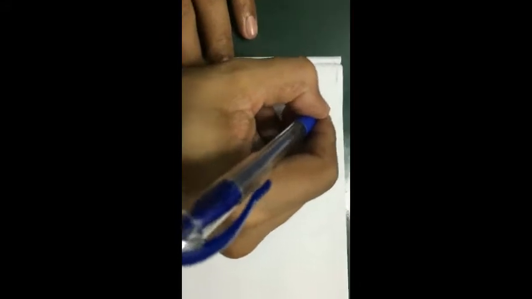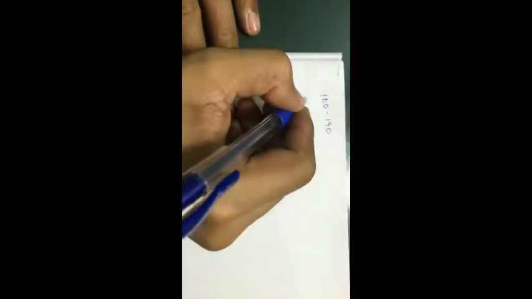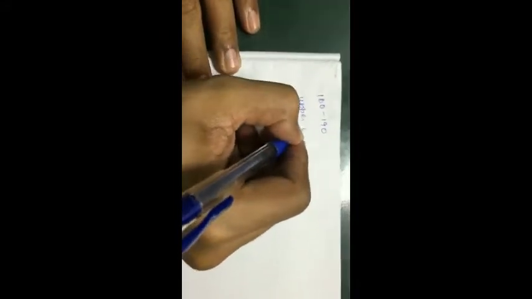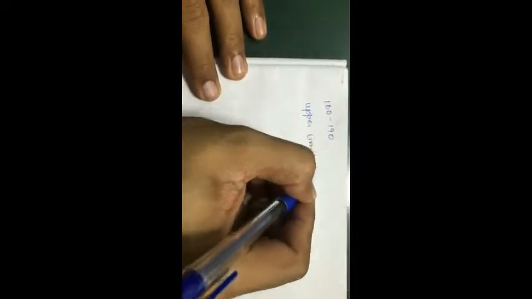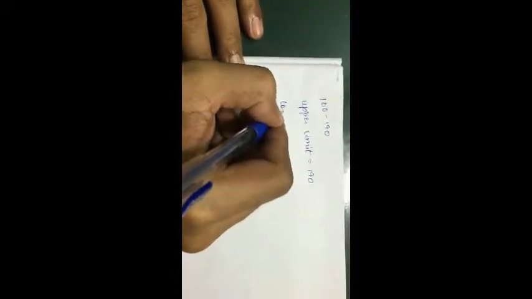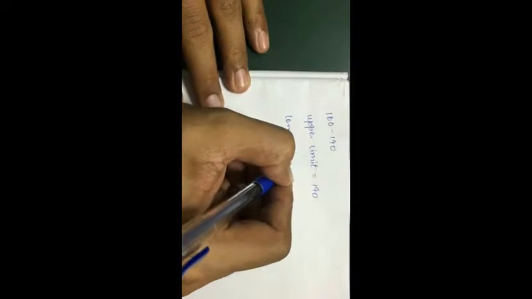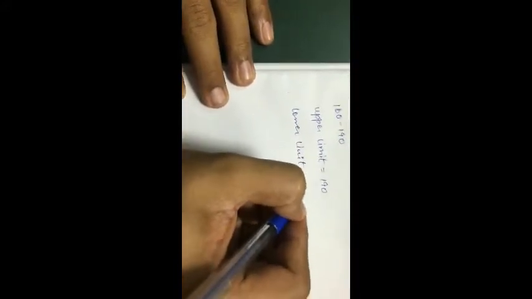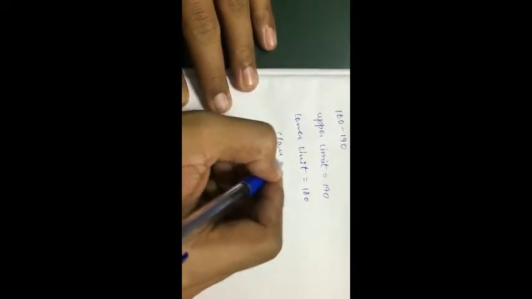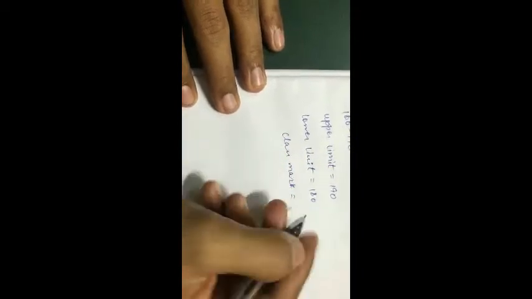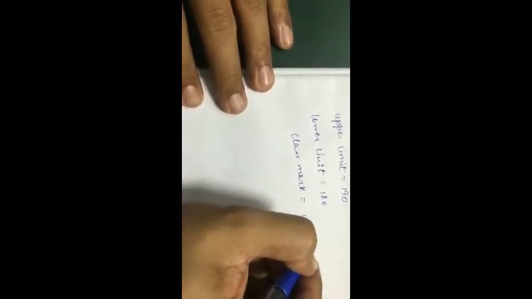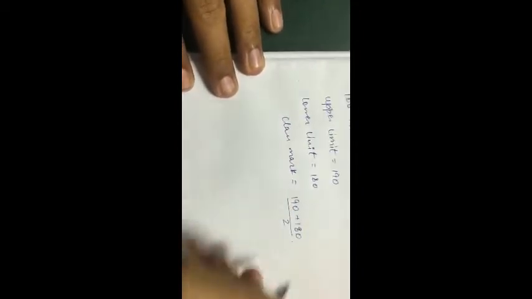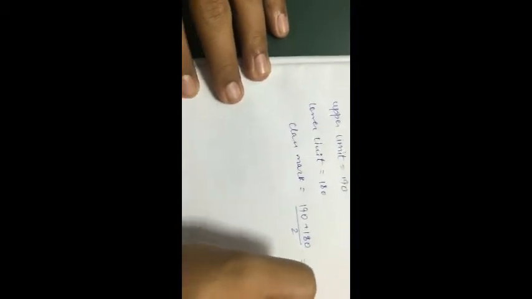Then comes the range 180 to 190. Here the upper limit is 190, the lower limit is 180, and the class mark equals 190 plus 180 whole divided by 2, equals 185.